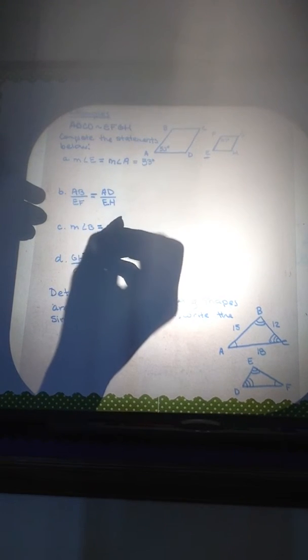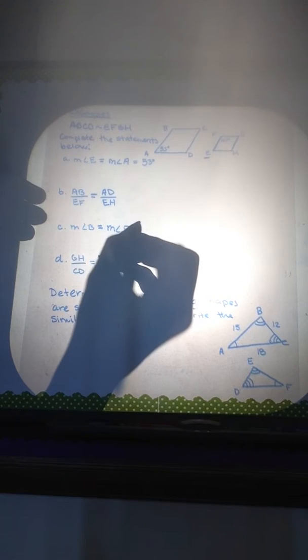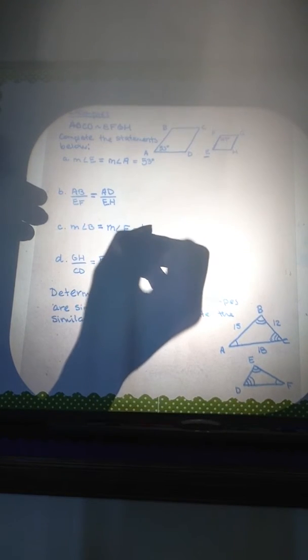For measure of angle B, that is second in my statement, so F is second in my other statement. So this is equal to measure angle F, and measure of angle F is 127 degrees. For my last one, I'm looking at FG. FG is in the middle, so it's going to be the same as BC, which is in the middle on the other side. So BC will go with that in your proportion.